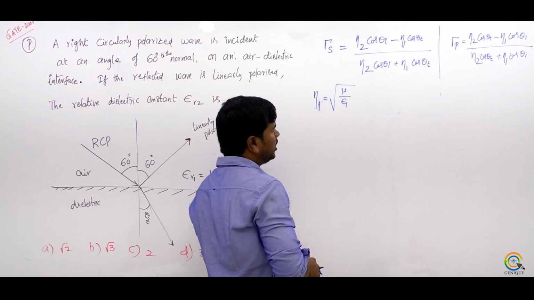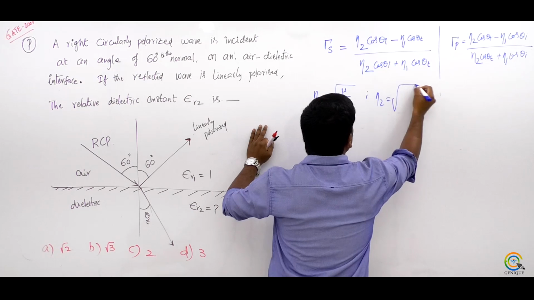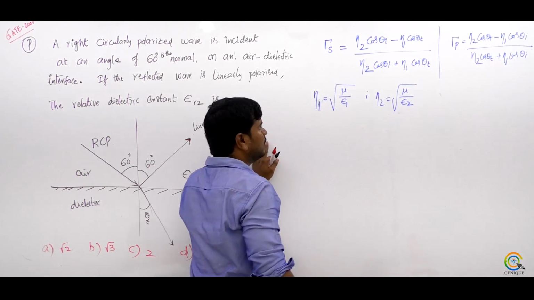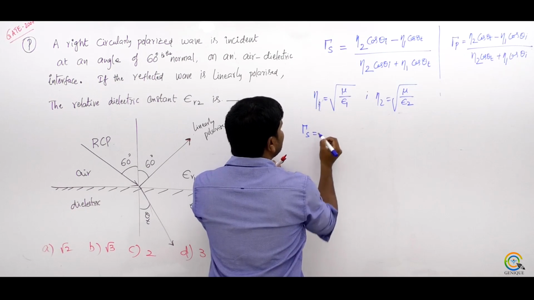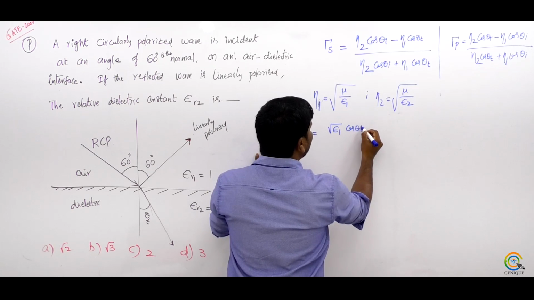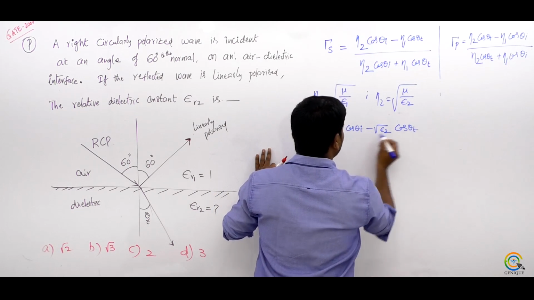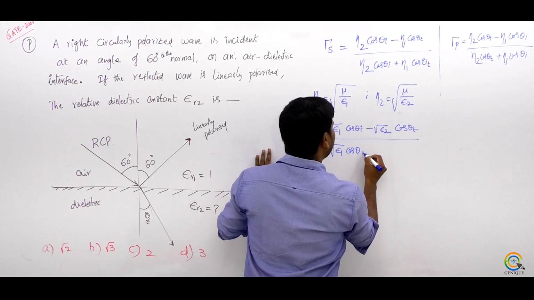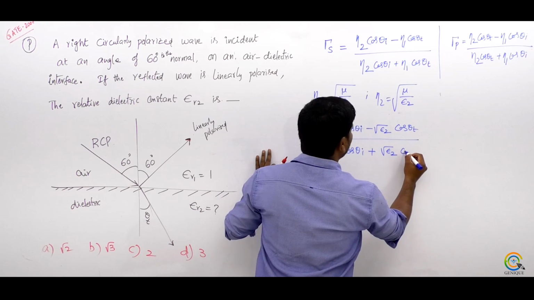Eta 2 is equal to root over mu divided by epsilon 2. If I write this, the reflection coefficient is root epsilon 1 cos theta I minus root epsilon 2 cos theta t divided by root epsilon 1 cos theta I plus root epsilon 2 cos theta t.